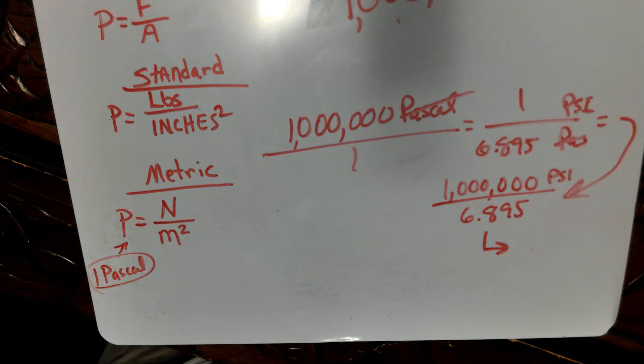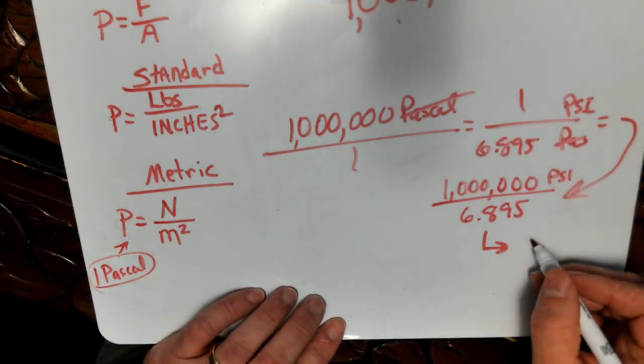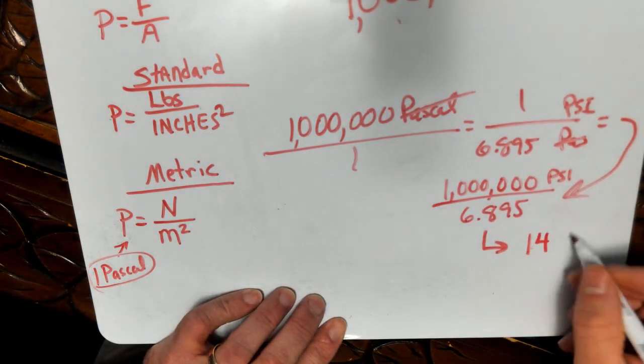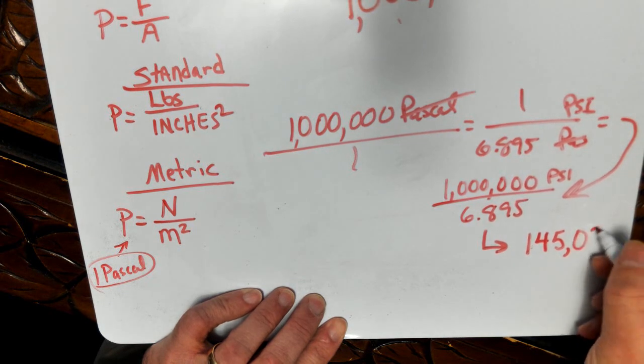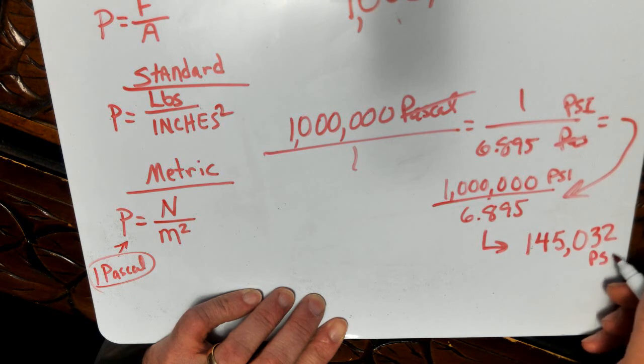So again, clear that out. 1,000,000 divided by 6.895, and it equals 145,032. I'm just going to put that in there, PSI.